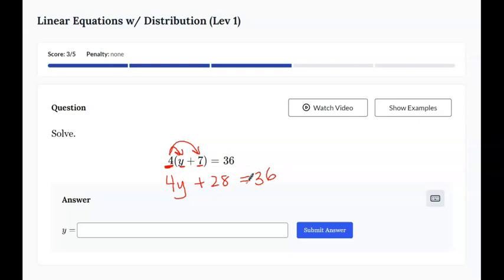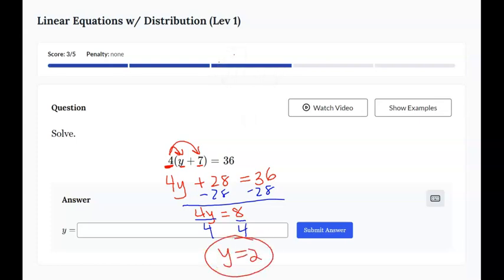And now we're back to our standard two-step equation, where we need to clear the constant, and then we need to clear the coefficient. We're going to divide both sides by 4, and then we'll get our final answer.